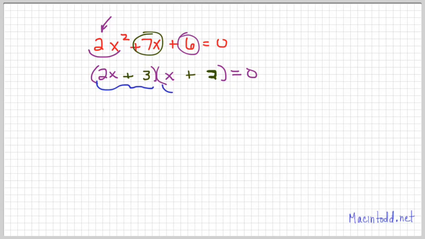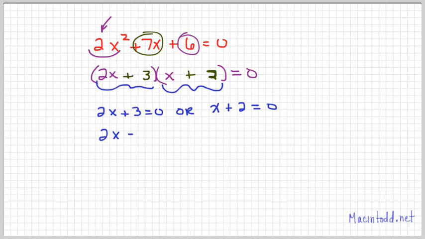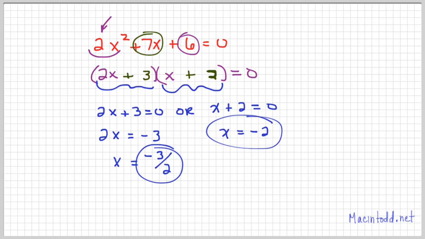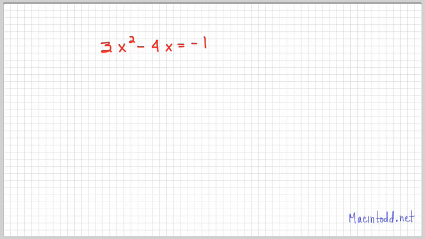If A times B equals 0, then either A, the 2x plus 3 equals 0, or B, the x plus 2 equals 0. Now we have to solve these little equations to actually find out what x is. So I'm dividing by 2 there. There's one of my solutions. The other one, I just throw the 2 over, it becomes negative. There's my other solution.